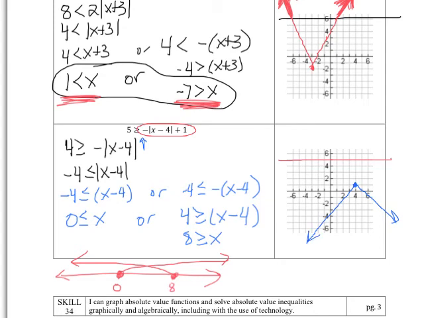And then we ask ourselves, when is the absolute value underneath the line? Or when is the line above the absolute value? Well, the line is above the absolute value everywhere. Hence, our number line or our solution works. So we get a solution of all real numbers.